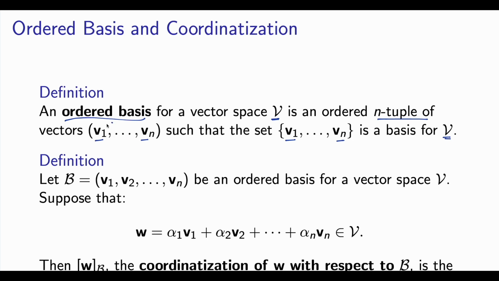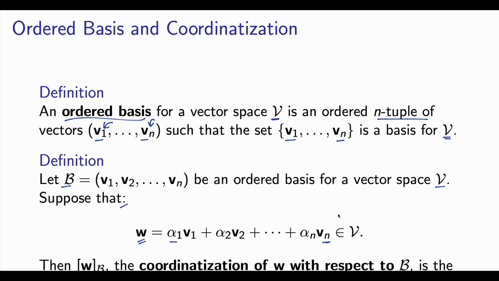Here, v1 is in the first place and so on, and vn is in the last place. We are not going to change the order of the given vectors. And this set forms a basis for V. So the definition: script B is an ordered basis for a given vector space V. It means that any w can be written as a linear combination of the basis vectors because B is a basis.